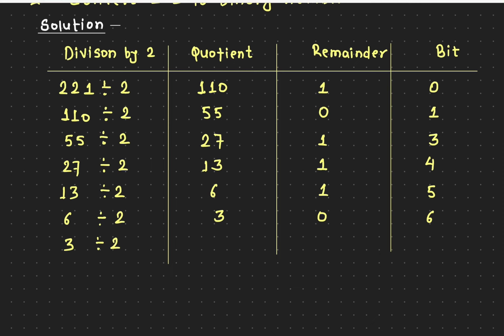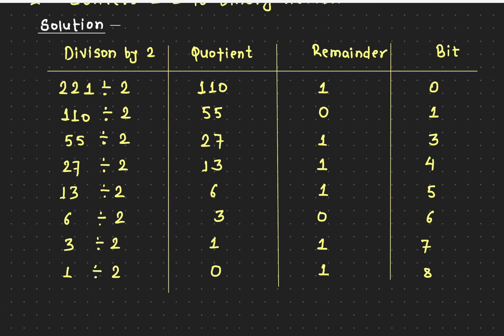You get 1, and the remainder is 1. The last step is 1 divided by 2. You don't have any quotient, so that is 0, and the remainder will be 1. Okay, so we have completed this table.